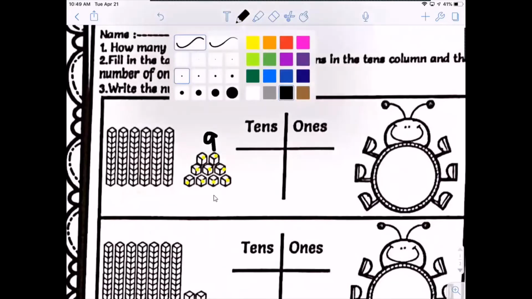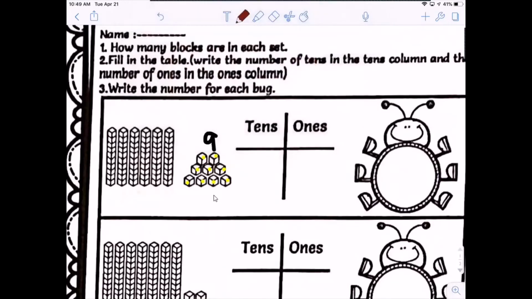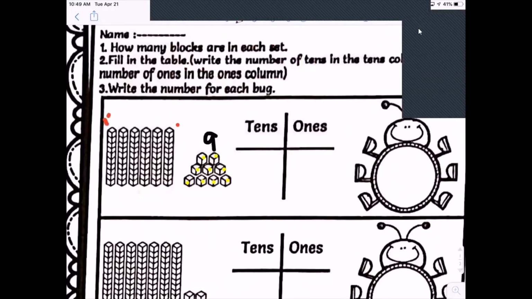Now you count your groups of 10. That's 10. Another group of 10. Another group of 10. Another group of 10. Another group of 10. And another group of 10.